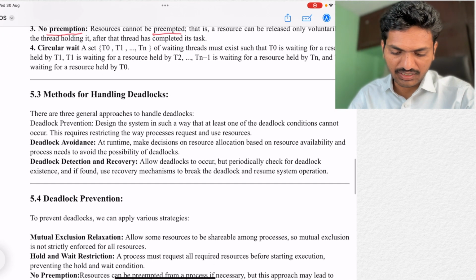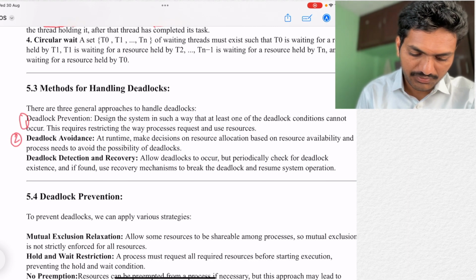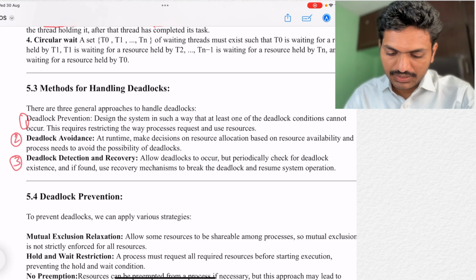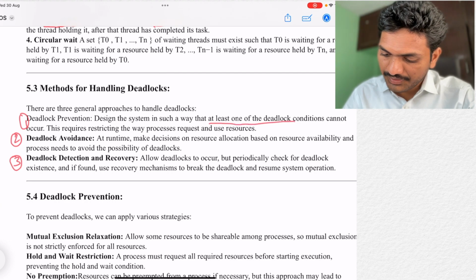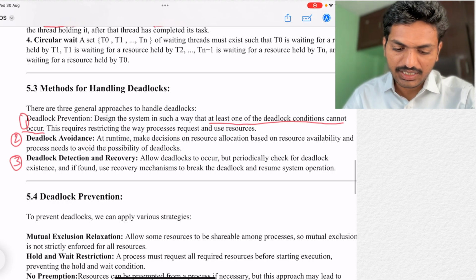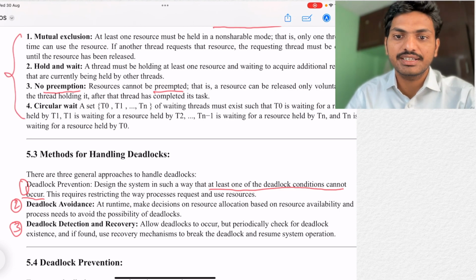Methods for handling the deadlock. What are the methods we have for handling deadlock? See here, first one, deadlock prevention. In prevention, what do we do? Design the system in such a way that at least one of the deadlock conditions does not occur. We have to make sure that at least one of these four conditions should not happen.